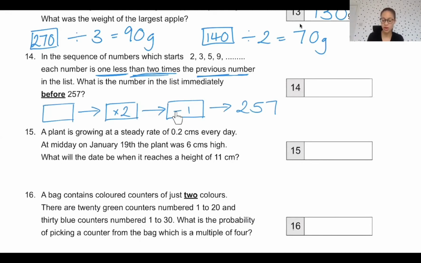So instead of doing minus 1, we add 1 to this. So we get 258. I like to jot down each answer there underneath so I don't forget. Some of you are forgetting to do the opposites here. And then we would need to do the opposite of timesing by 2, which is divide by 2. So you're going to do 258 divided by 2. I would work it out on paper, guys, because some of you are very close but not quite right.